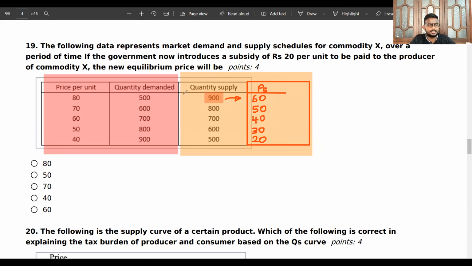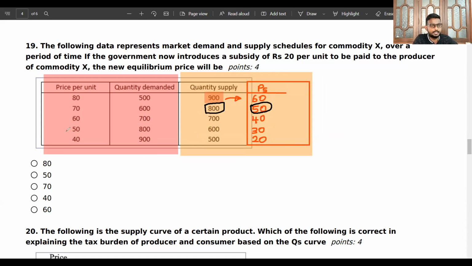If that's the case, see, for 60 rupee price, producer says they'll be selling 900 units, but the consumer says they'll be buying 700 units. So there's no equilibrium there. For 50 rupee price, if you have a look, producer is telling they are ready to sell 800 units.